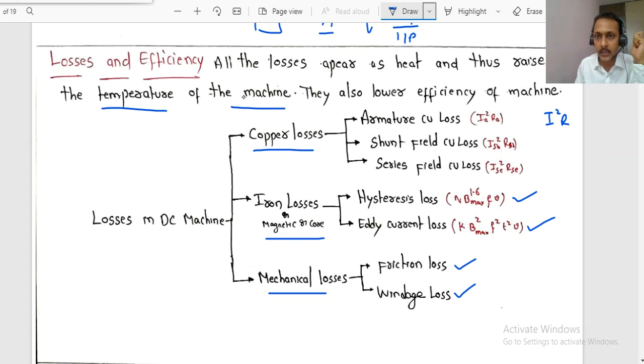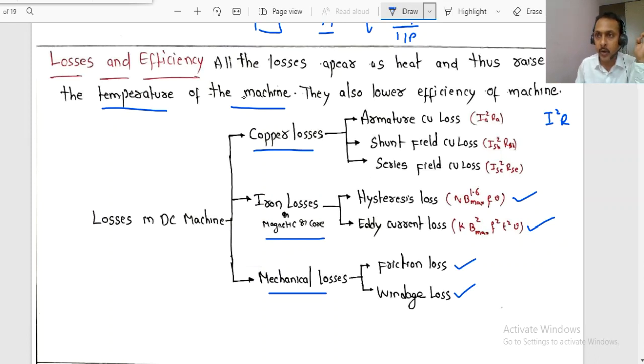For example, for the armature, if the current flowing through the armature is IA and the resistance of the armature winding is RA, then IA squared RA amount of power will be lost in the form of heat in the armature. Like that we have to understand.